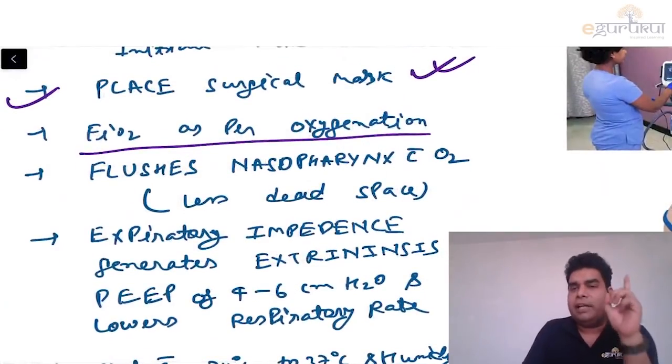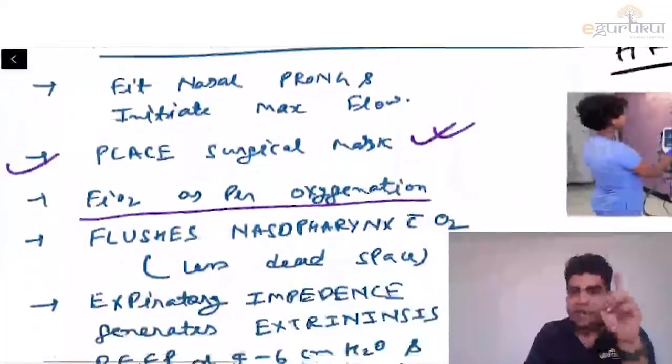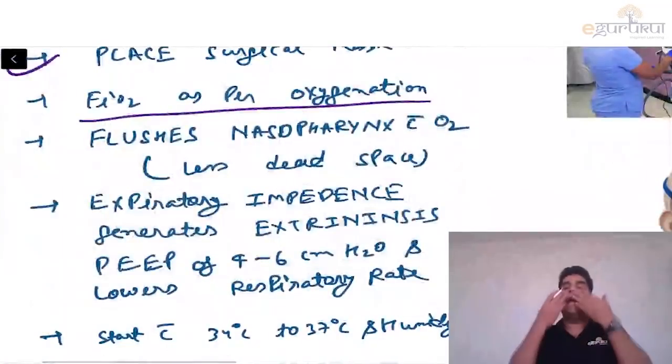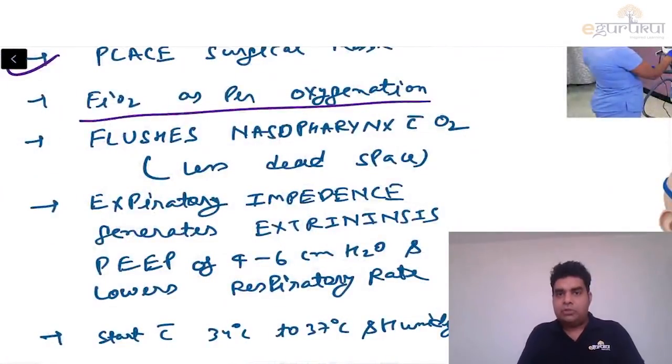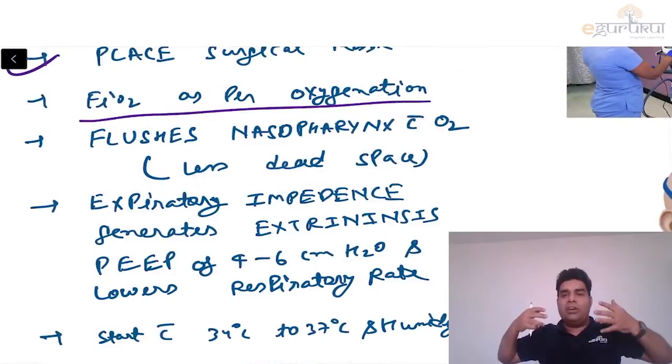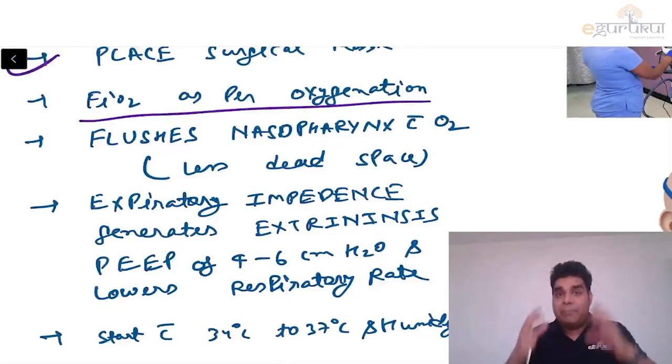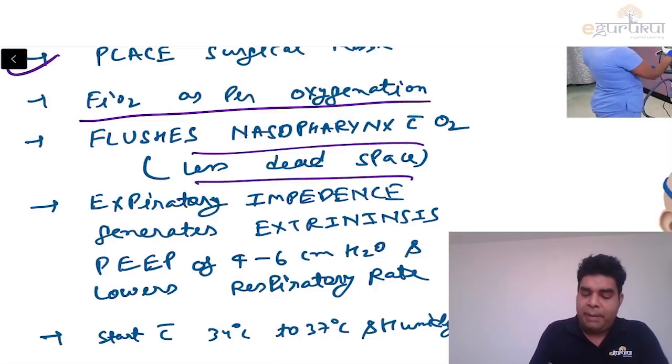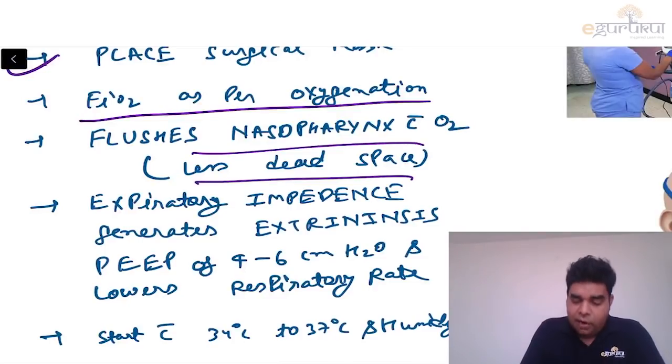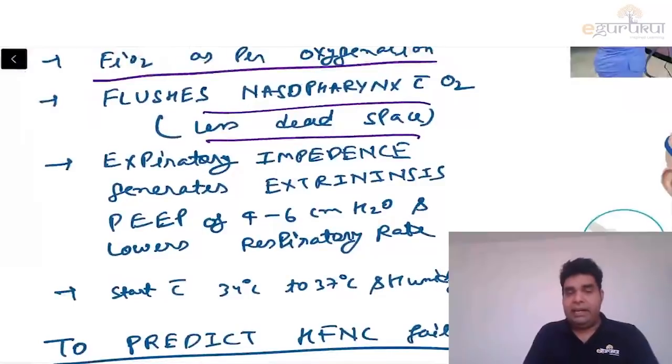One main advantage of high flow nasal oxygen cannula is that it flushes the nasopharynx with oxygen. When you flush the nasopharynx with oxygen, there is less dead space, and that's better, because less dead space means we have better oxygenation. One more advantage is the expiratory impedance, the obstruction which we are getting.